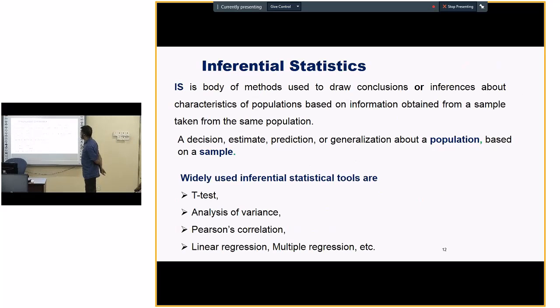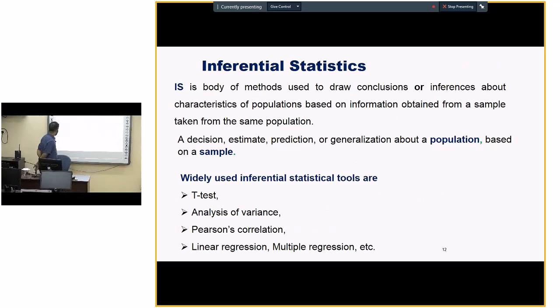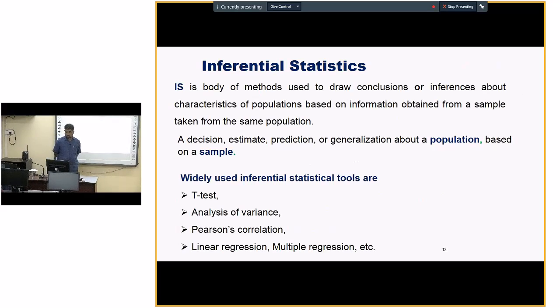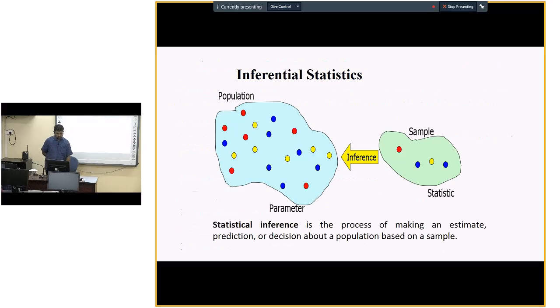However, I included it in your slides, so you can refer to them. Under inferential statistics you can see the t-test, analysis of variance, Pearson correlation, linear regression, multiple regression. There are a number of analytical tools. Then if you move to non-parametric tests, there are a number of additional tests.